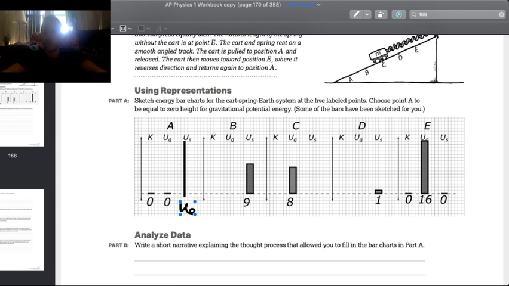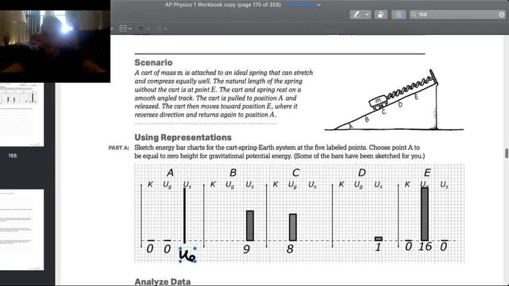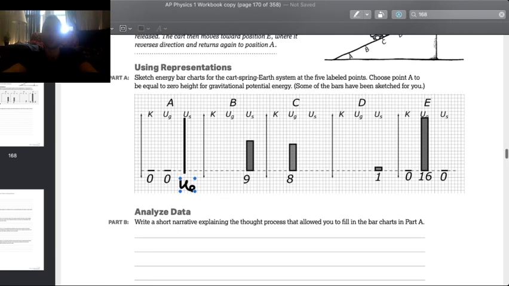But if we look at point B, it is a quarter of the way to point E. So that means that we're going to have a quarter of the gravitational potential energy at point B. So the gravitational potential energy at point B is going to be 4. And then the kinetic energy, because our total energy is 16, the rest has to be kinetic energy. So that would be 3.